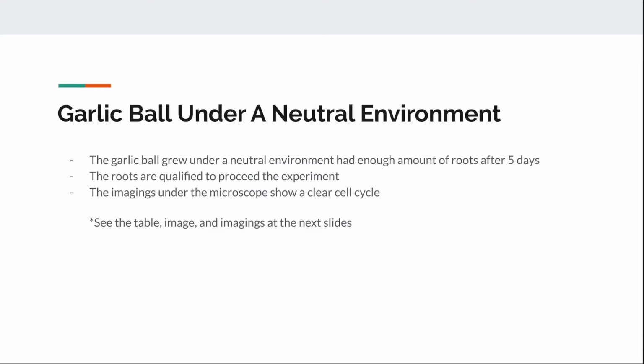The garlic ball that grew under a neutral environment had a healthy root after 5 days, and these roots were qualified to proceed with the experiment, and the imaging under the microscope shows a clear cell cycle.